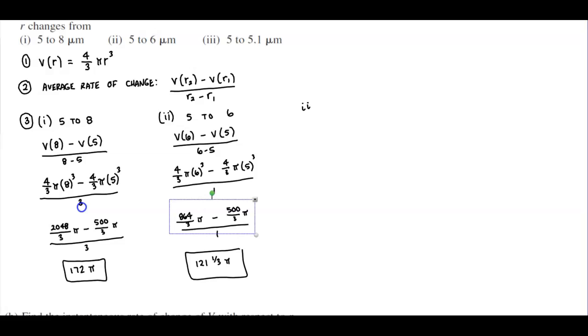And then we're going to go from 5 to 5.1. So V of 5.1 minus V of 5 over 5.1 minus 5. So we have 4/3 pi times 5.1 cubed minus 4/3 pi times 5 cubed all over 0.1.